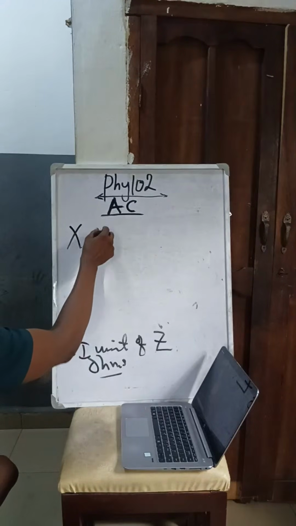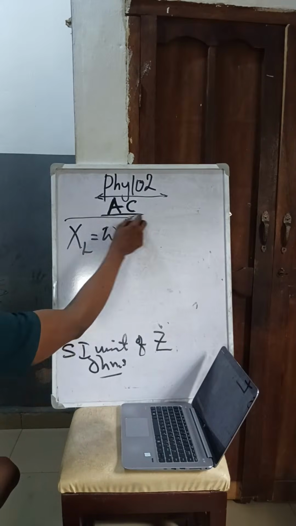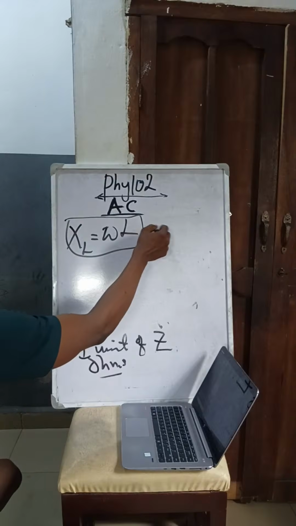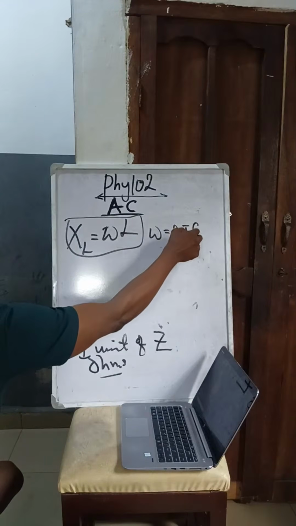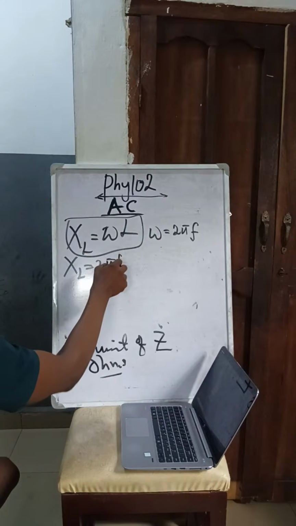Inductive reactance is equal to WL, where W is equal to 2 pi F. So XL is equal to 2 pi FL.